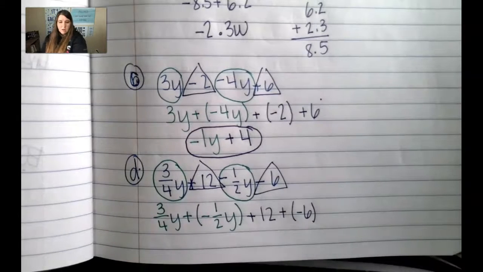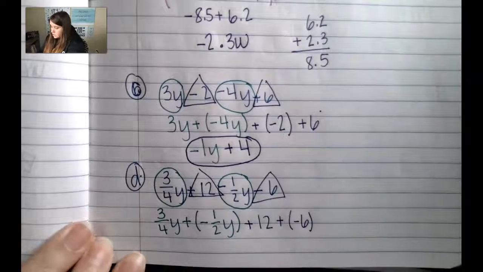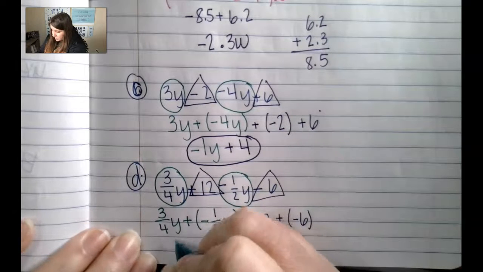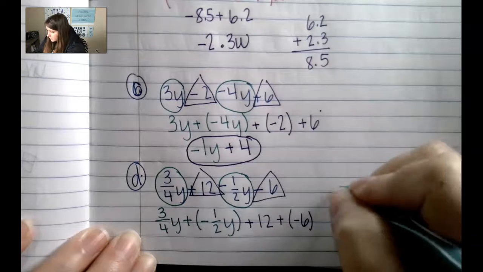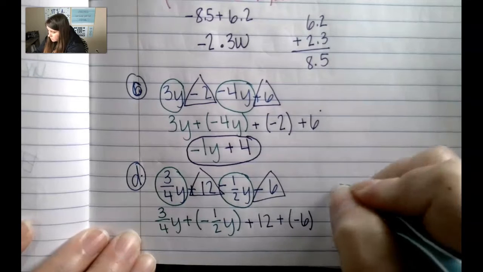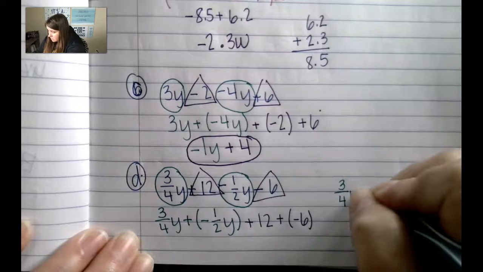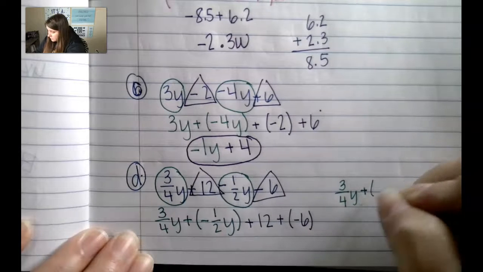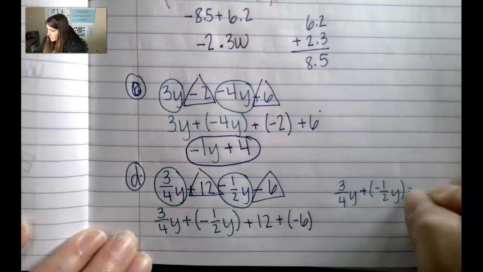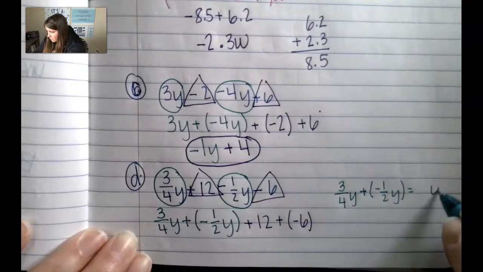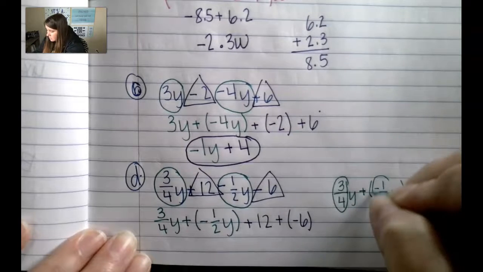In order to solve my fractions here, I need to have a common denominator, just like we did before. So I know that 1/2 can become 2/4. So I'm going to do 3/4 with the y plus negative 1/2 y. The y is kind of confusing here, so I'm going to pull my y out, and I'm just going to focus on these.